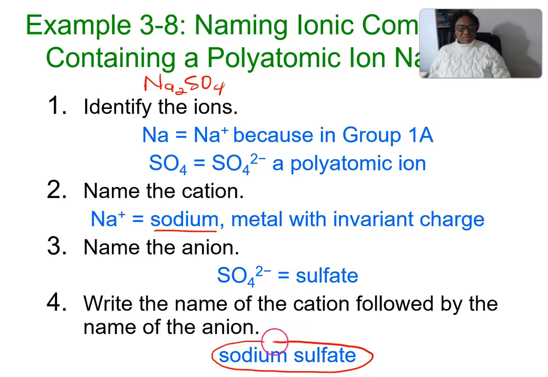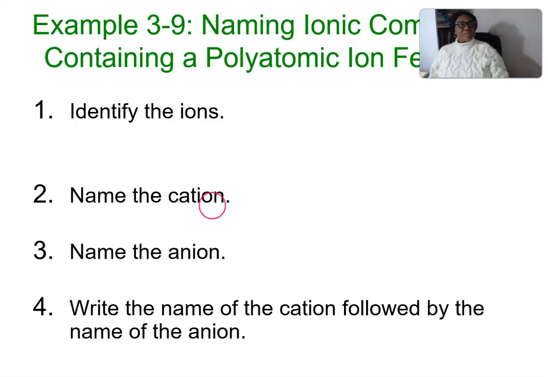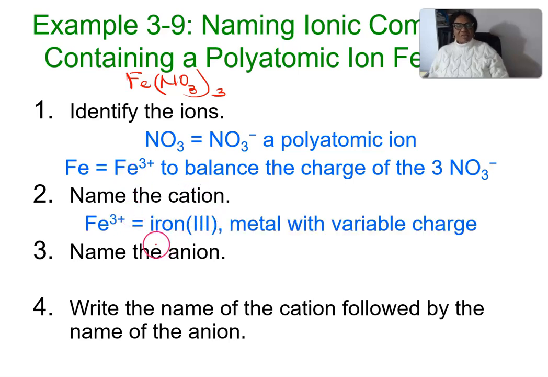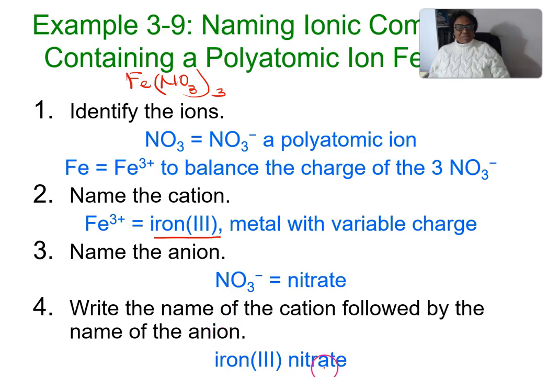The name of the cation plus the name of the anion. Let's take another example. Now we want to do this. Identify the ions first. The anion is nitrate, a polyatomic ion, and the cation is this. Name the cation, iron 3. Name the anion, nitrate. Name of the compound, iron 3 nitrate.